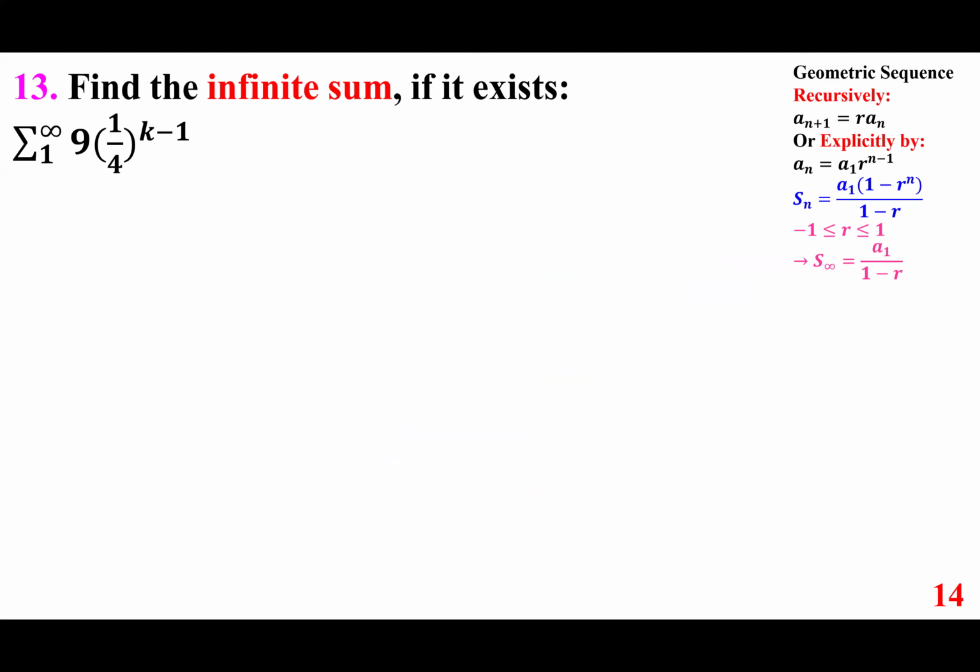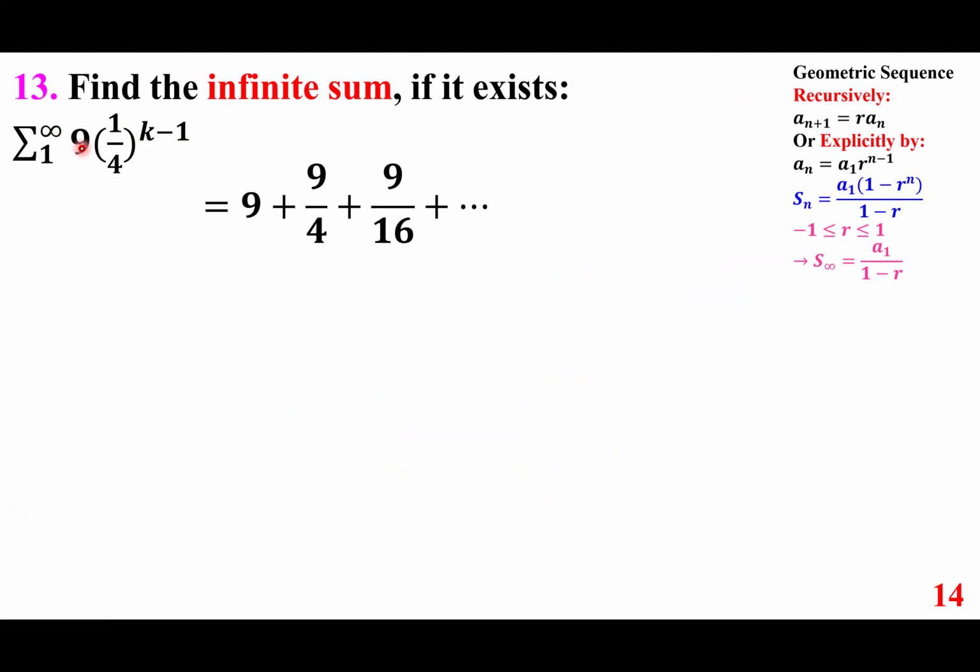We want to find the infinite sum in this case, and of course, we had looked at this previously. If you plug in k equals 1, this becomes 0 and this becomes 1, so it's 9. If you plug in 2, 1/4 times 9 is 9/4.